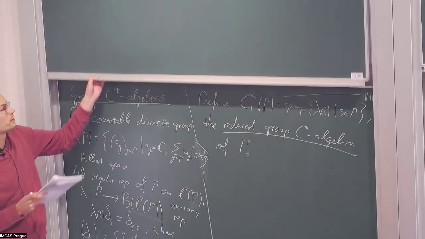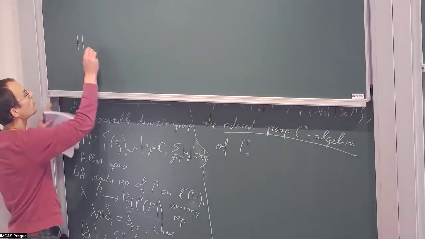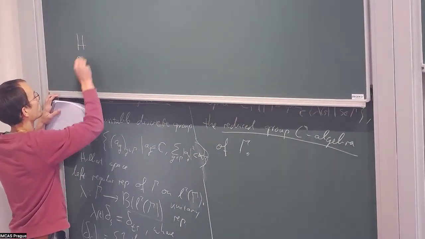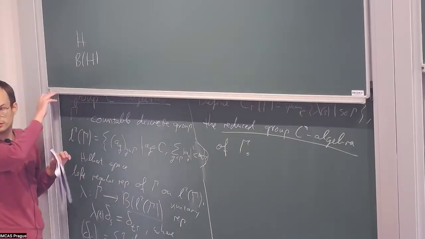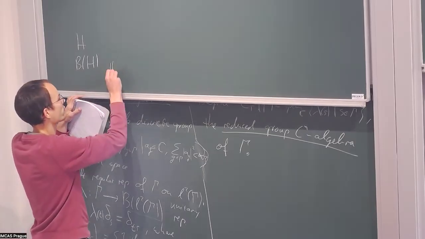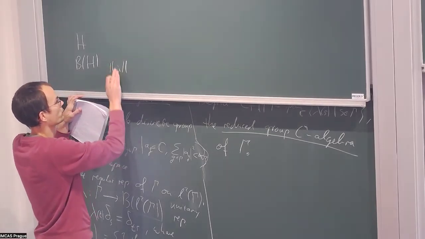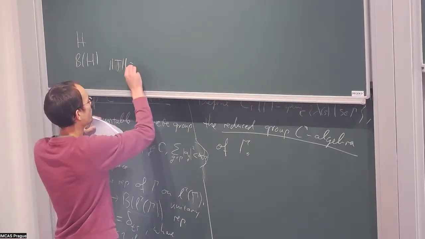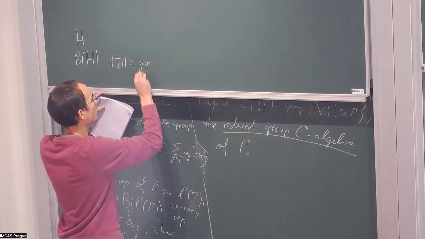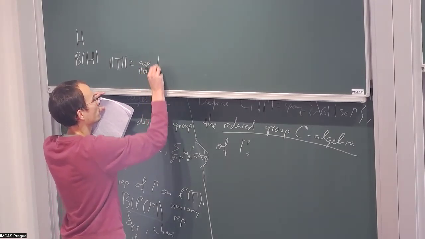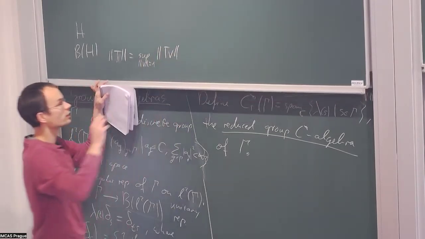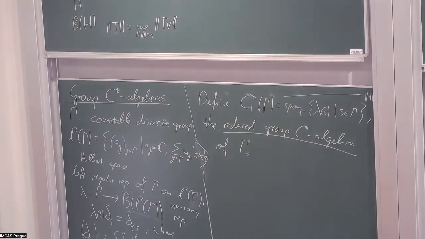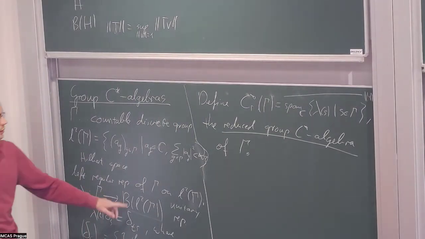Whenever you have a Hilbert space H, then B of H is the Banach space with this operator norm that's given by, okay, I take an operator, let's say capital T, and this is the supremum over all vectors v that have norm 1 of the norm of T applied to v. That's the norm. Yeah, and then you take the closure in this norm.